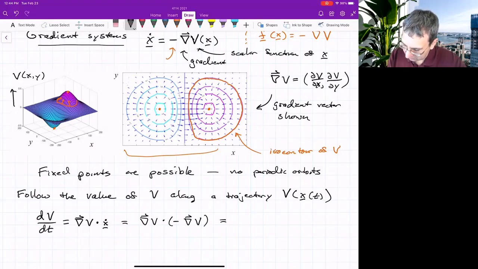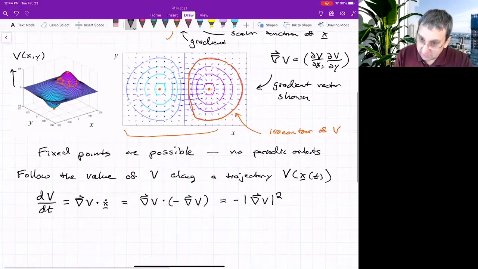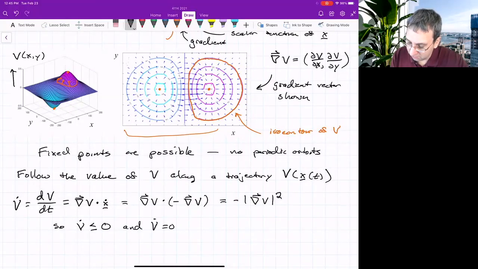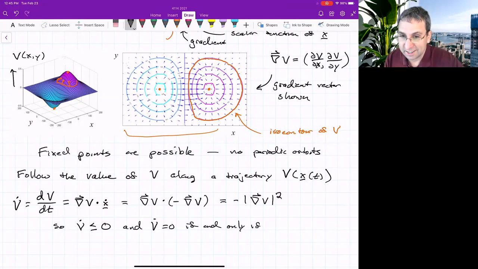So this is negative the magnitude of the gradient squared. For shorthand, we'll call this v dot. So v dot is less than or equal to 0, and v dot equals 0 if and only if x is at a fixed point.